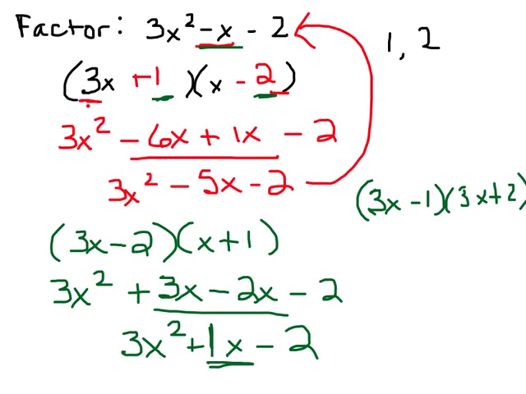Alright, then I'm going to get, I'm sorry, that should have been just an x, not a 3x, right here. Okay, 3x times x is 3x squared. 3x times 2 is 6x minus 1x. Well, that's just the same thing that I had.